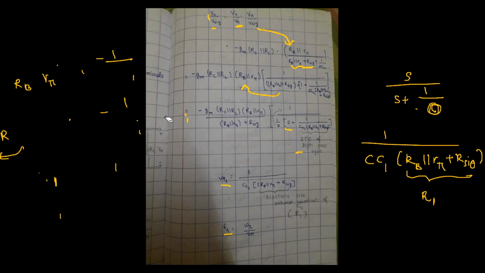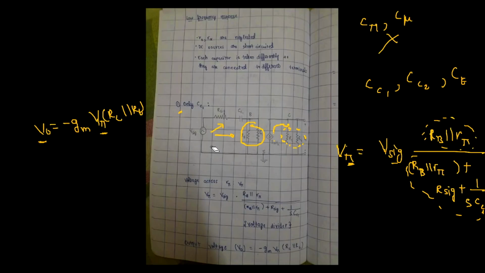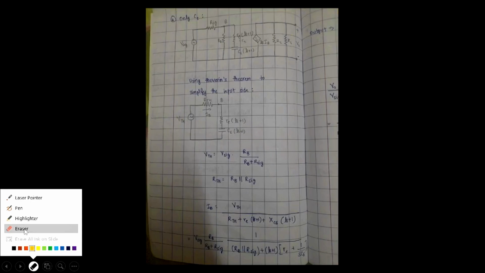So for now, you just need to understand how we obtained the value of omega P1 for the first capacitor alone. So next what we do is we take another capacitor which is CE.